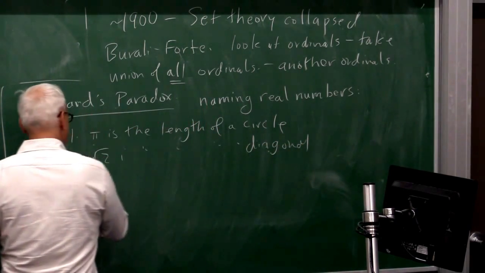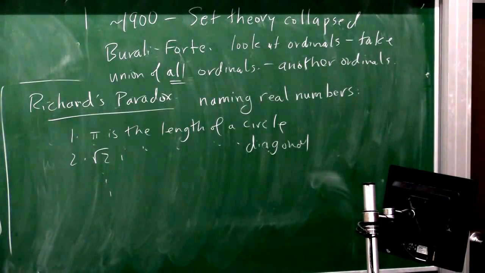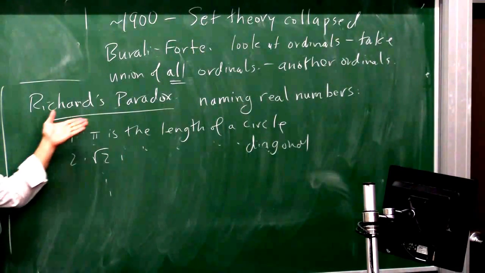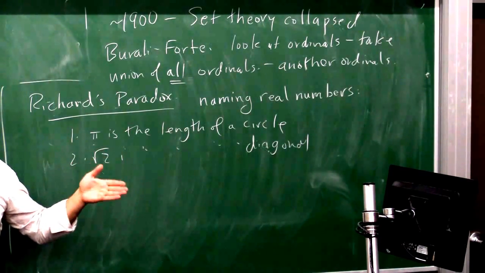So we have a list of names, of descriptions of real numbers. Well, there's only a countable number of possible texts that you can write down in English.